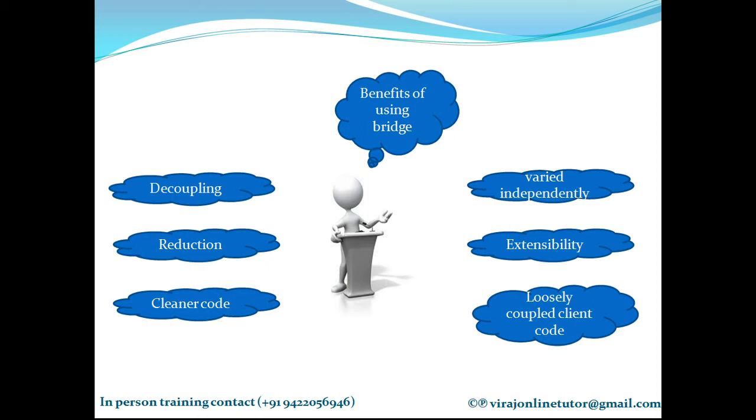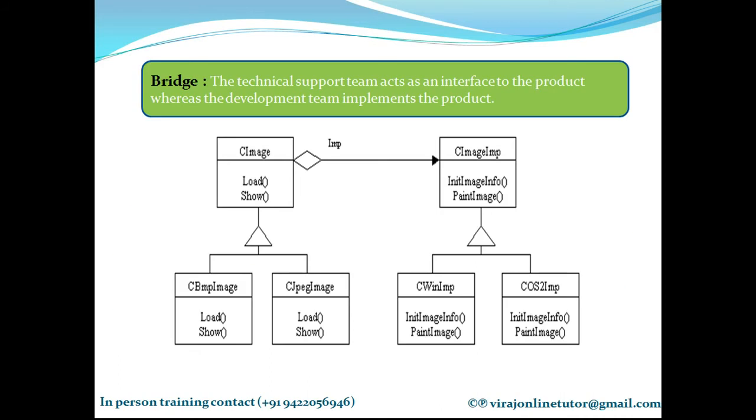The next advantage of using a bridge pattern is cleaner code. Code becomes very clean, and reduction in executable size. So in this example, operating system specific code is encapsulated in CImageIMP subclasses, right? So CWinIMP will have Windows related code. COS2IMP will have OS2 related code.